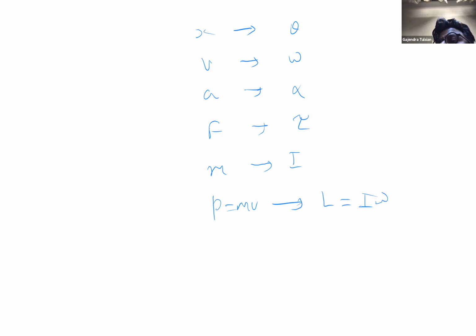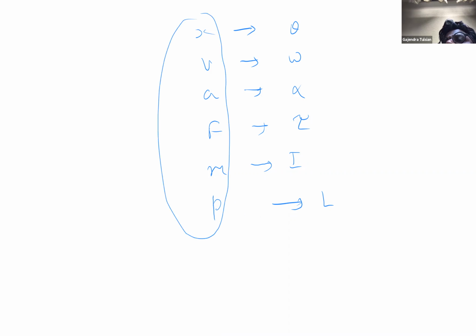And so for every formula that you have for linear motion, by doing this replacement, you'll get the corresponding formula for rotational motion.